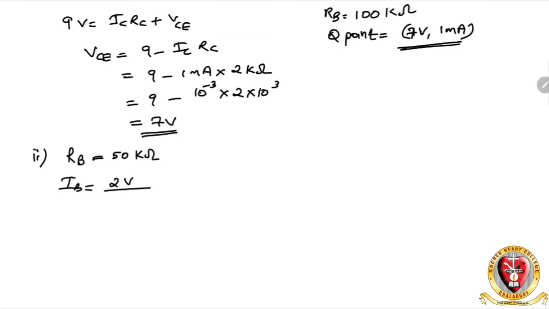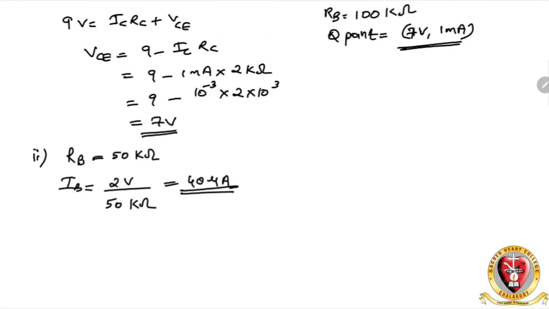So now the value of RB gets reduced. It gets halved, that is RB is equal to 50 kilo ohm. So if the value of RB is decreased by 1 by 2 times, then IB will increase 2 times. That means IB gets doubled. So the value of IB is 40 microampere.